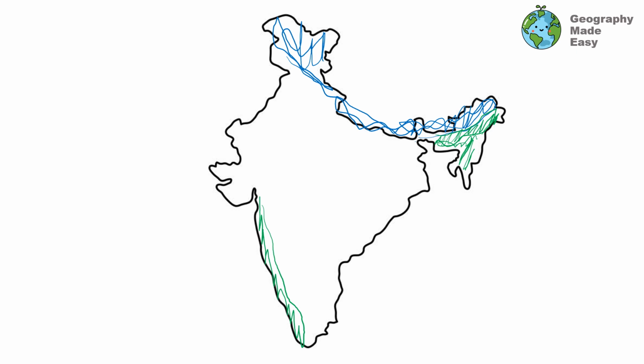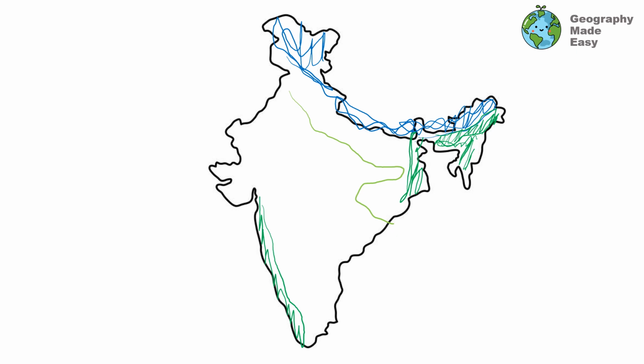Then we have the monsoon forests. The monsoon forests occur in this part, in the plain areas. There is some amount of tropical evergreen rainforest occurring in this part as well.